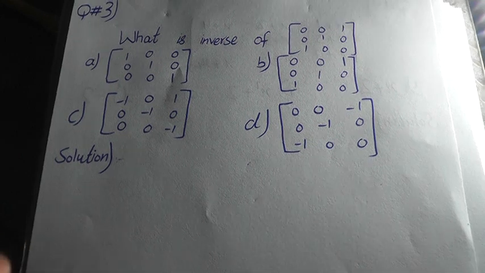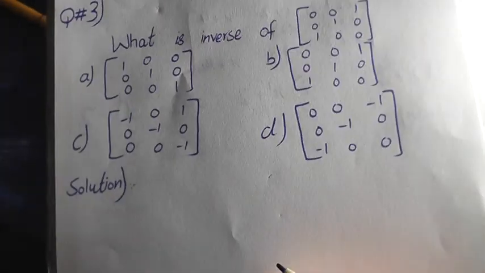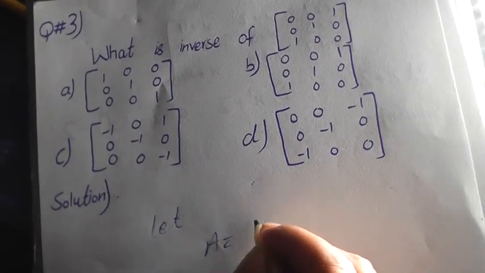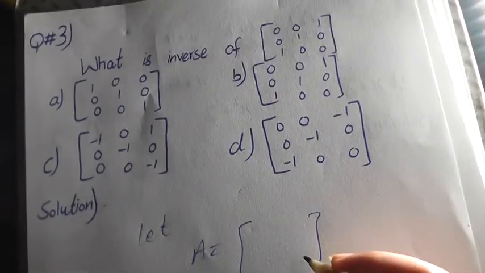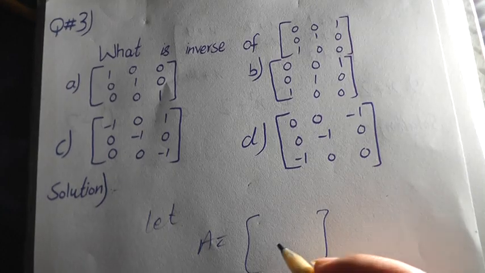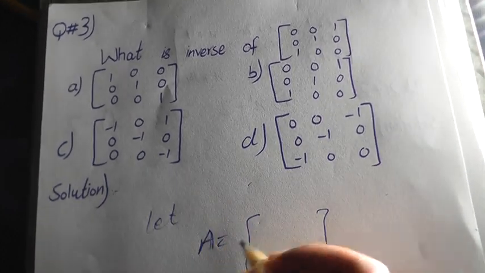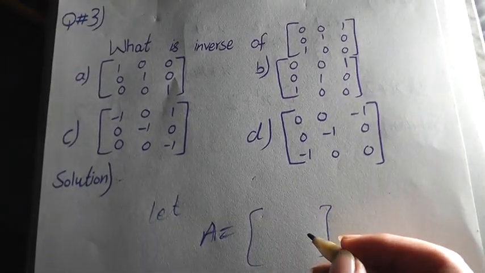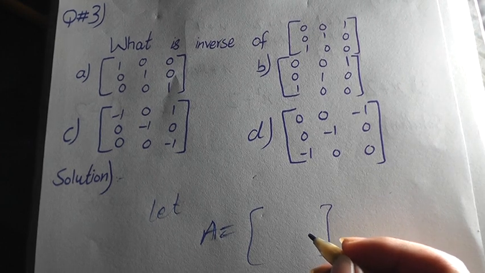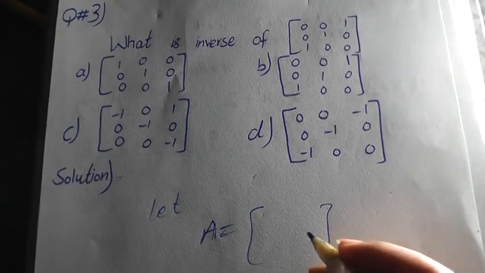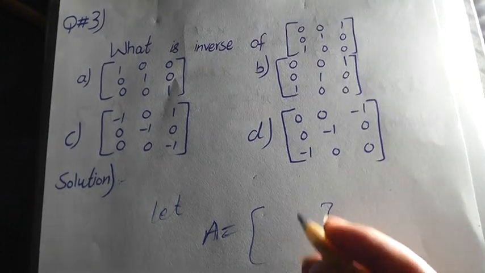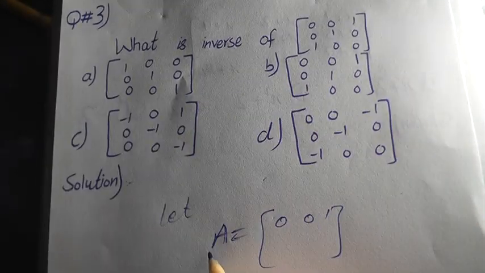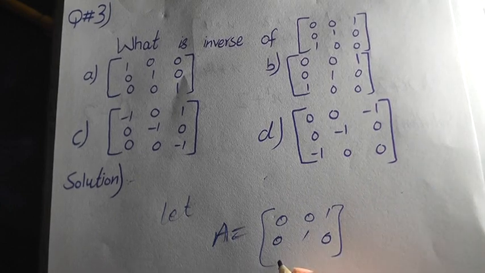In the examination hall you can solve it within 2 to 3 seconds, but here I have to clarify each and every step, so I may take 1 minute. Let A be the given matrix, 0 0 1, 0 1 0, 1 0 0, whose inverse we have to find.